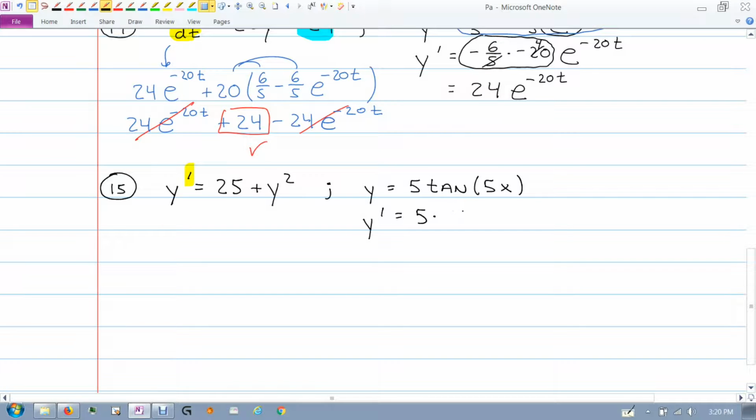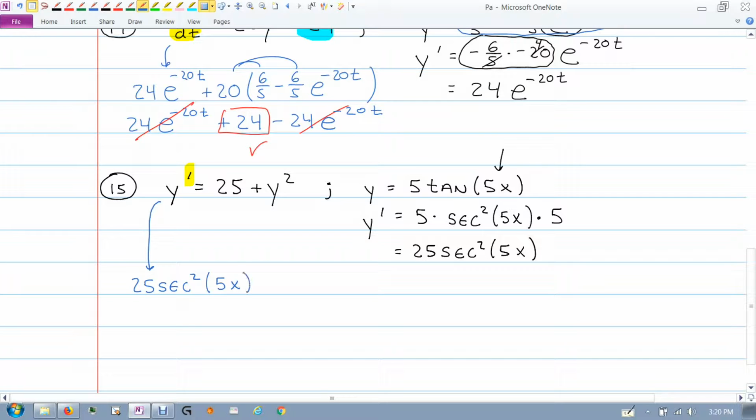The derivative of tangent is secant squared, so sec^2 of the argument, which is 5x. Chain rule says take the derivative of what's in there, and that's 5. So at the end of all this, we get 25 sec^2(5x). That is our first derivative. Now let's start plugging in and see what happens. So here we have 25 sec^2(5x).